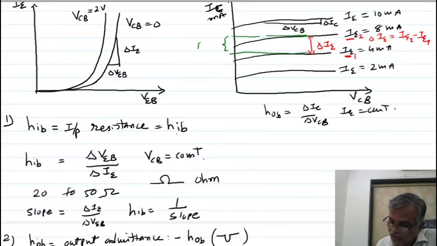This is your corresponding delta IC. So I can write HFB is delta IC upon delta IE, and VCB is constant.